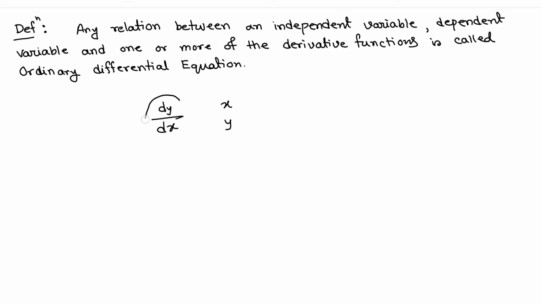When we write dy dx, that means this y depends on x. So obviously y will be the dependent variable, and this x is our independent variable.